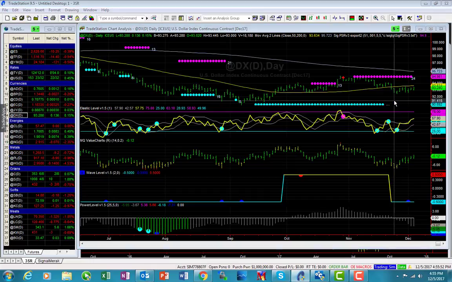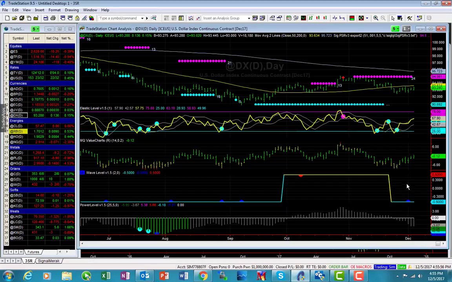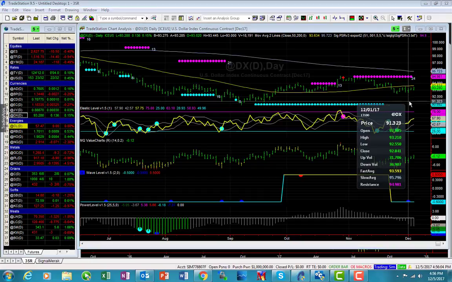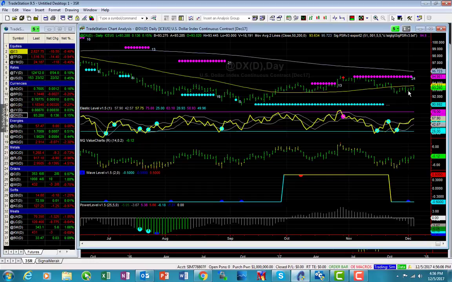But in any event, in recent days we've had a couple of elastic level pivots. It's hard to see here, unfortunately, but the dark blue dot is really triggered here where it's been pegging this secondary low.